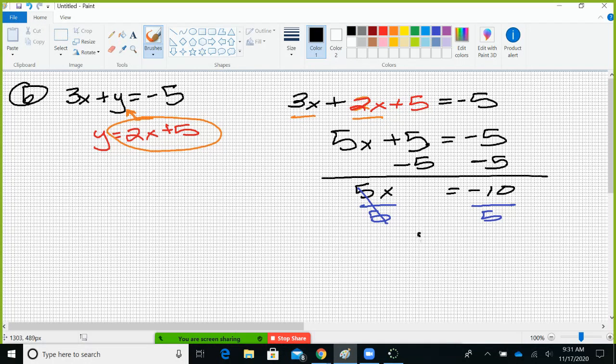So you get x equals negative 2. I'm going to put a cloud around the almost answers. X equals negative 2. Zach, what do I do now?